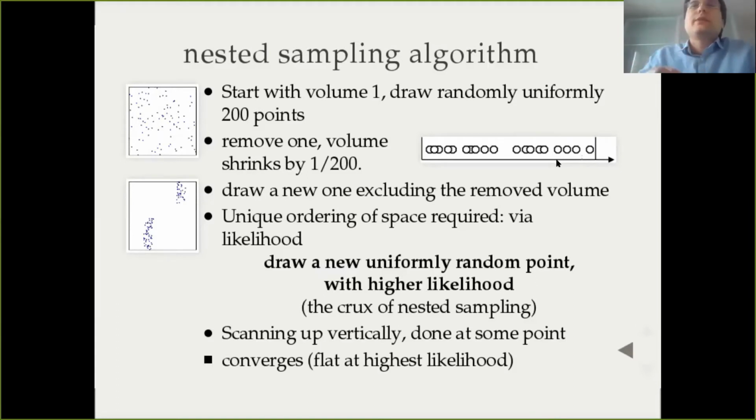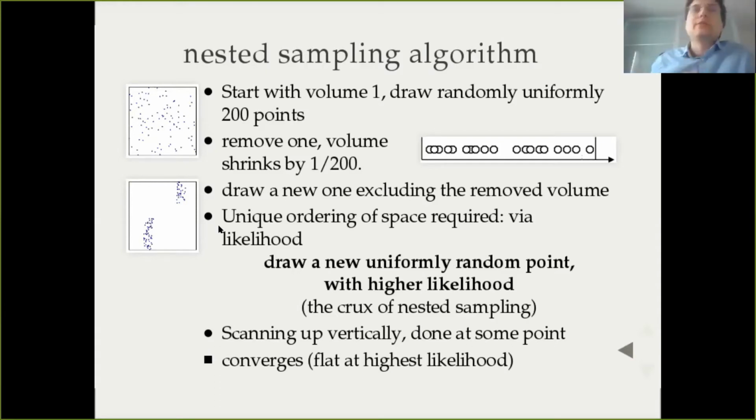It iterates to higher likelihood thresholds and to smaller and smaller regions correspondingly, because we only ever put points in regions that have a likelihood above some threshold. It takes advantage here that the points can be ordered by their likelihood, but you need an algorithm which efficiently draws new points uniformly distributed across the volume, so according to the prior, but with a higher likelihood than the current threshold.